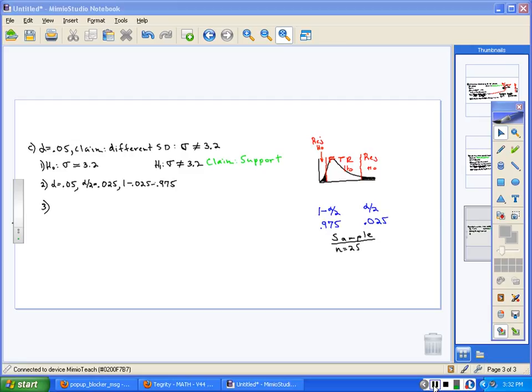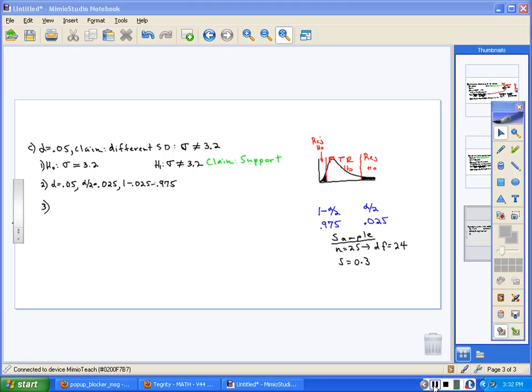So that's my n, which tells me then that degrees of freedom is going to be 24. And it said the waiting times have a standard deviation of 0.3. That is sample standard deviation, so that is s.